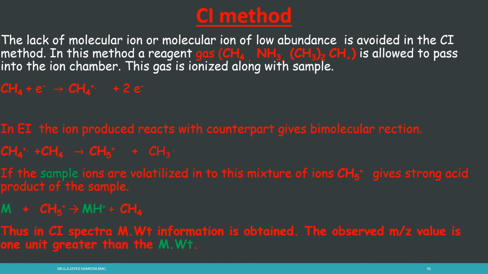The MH plus is somewhat more stable than M plus. Thus, in CI spectra, molecular weight information is obtained. The observed m/z value is 1 unit greater than the molecular weight. That is, MH plus gives a peak 1 mass unit greater than the molecular ion, and from the m/z value of MH plus, the protonated molecule, we can infer the molecular weight of the compound by simply subtracting 1 from the m/z of MH plus.